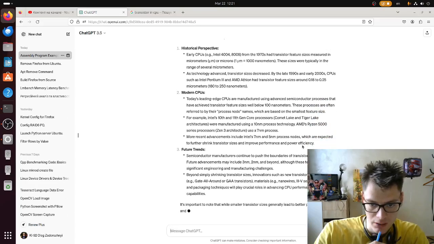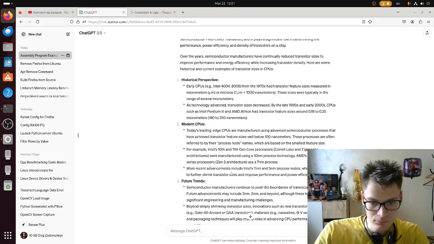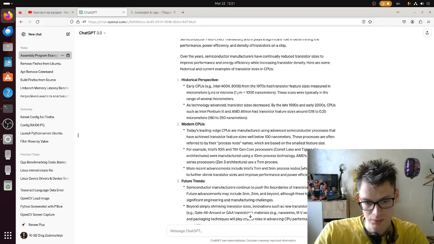So we have this statistic: Intel's 7 nanometer and 5 nanometer process nodes, which are expected to further shrink transistors and improve performance. Today's leading edge achieved transistor feature sizes well below 100 nanometers.